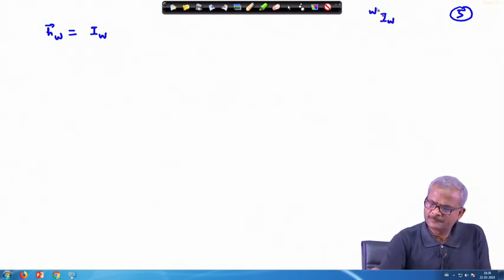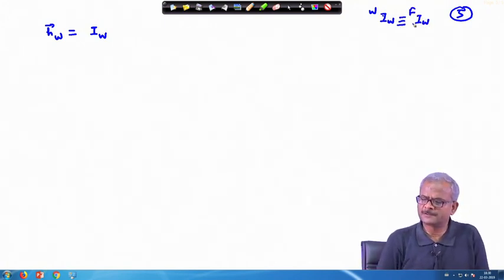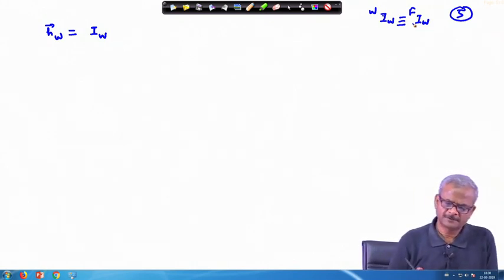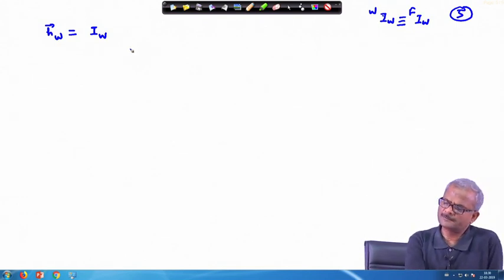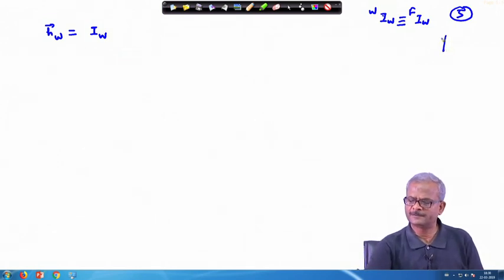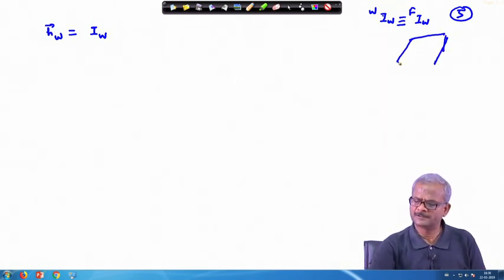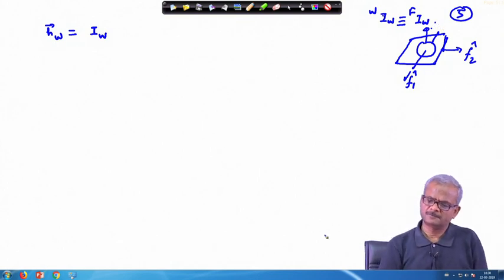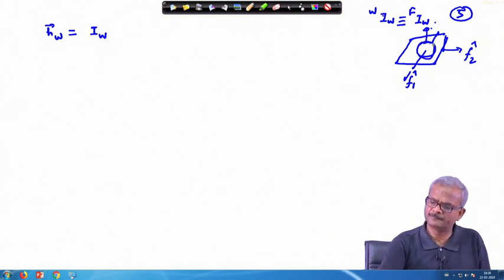Instead of writing I w like this, this is equivalent to writing I w in the F, because in the F frame the direction of the axle of the wheel is not changing, neither is the moment of inertia of the wheel changing in the F frame, which is the inner frame. Okay. So, along this direction we have kept F 1 cap, here F 2 cap, and F 3 cap is going vertically out of the wheel. So, this is the rim of the wheel. Okay.